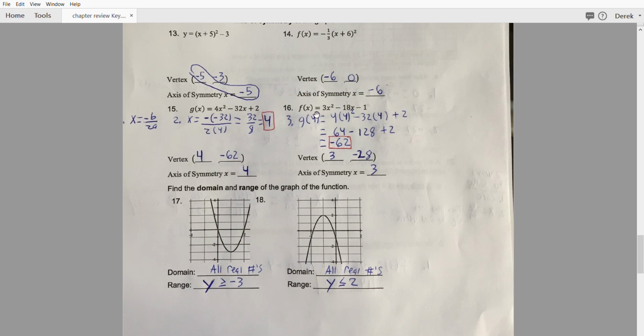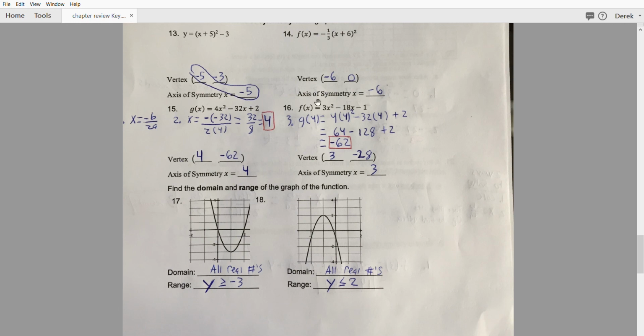So I plug in 4 to this equation, so you see 4 in parentheses for x squared, minus 32, I plug in a 4 for x, and then plus 2. So you simplify that out, 4 squared is 16, times 4 is 64, 32 times 4 is 128, and we know that it's negative 32, so we'll get minus 128, plus 2, and we get negative 62. So our vertex is 4, negative 62.